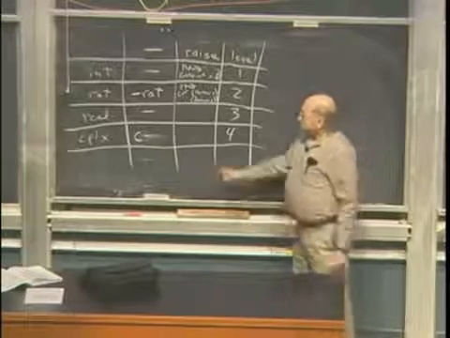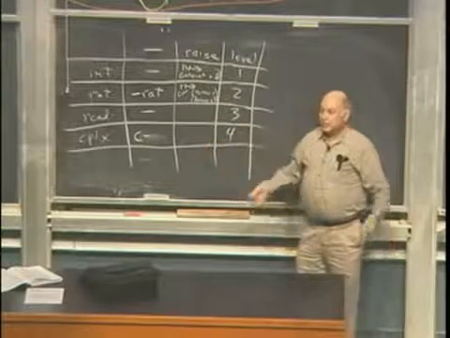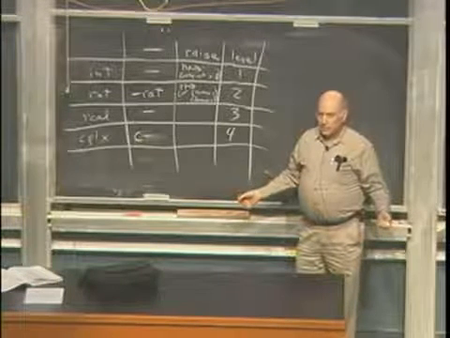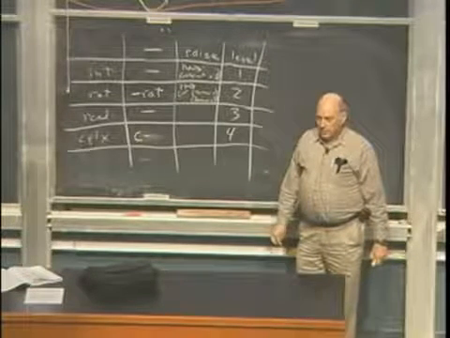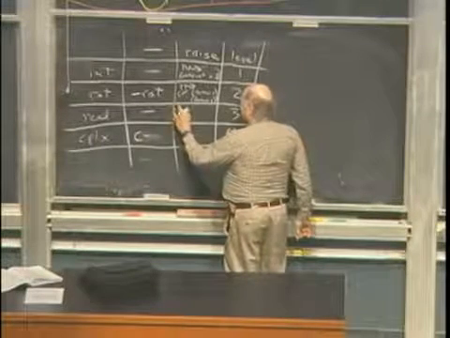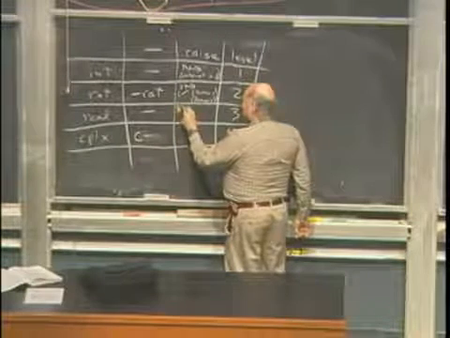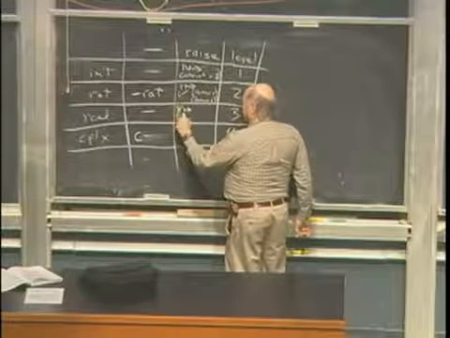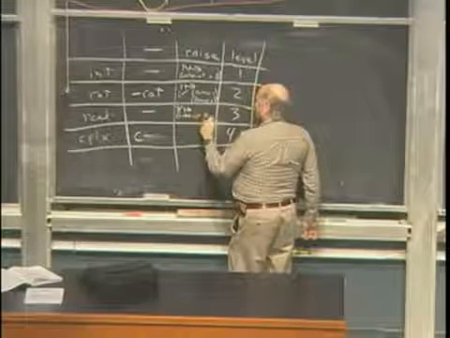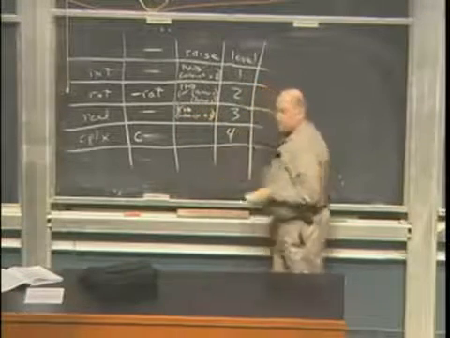To raise a real number to a complex number, what do I do? X maps to make-complex x 0, right?